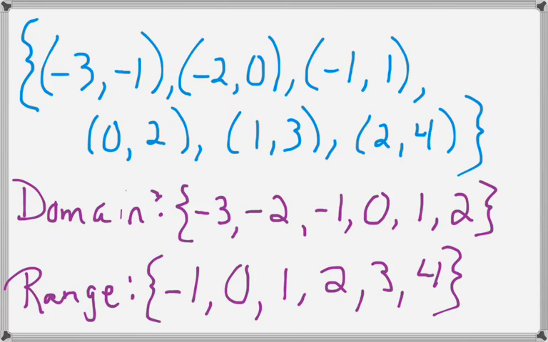Now, if the inputs and outputs are numbers, then writing it as ordered pairs helps us graph the relation. So let's graph this relation. I'm going to need a new slide here. So we're going to have our coordinate axis. Okay, so the inputs go on the horizontal axis and the outputs go on the vertical axis.